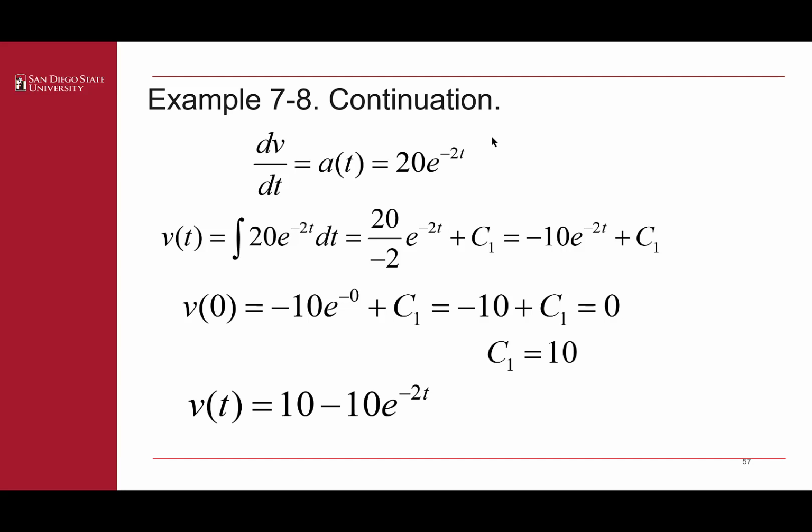So minus 10 plus c1 equals 0. Then c1 is positive 10. And v of t becomes 10 minus 10 times e to the minus 2t.